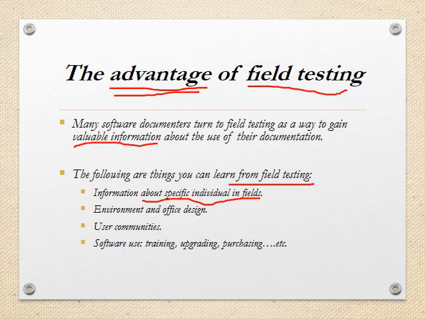Then the environment and office design, like a team structure and so on, user communities, information access or how they access information, the source of their documents and so on. And the last thing is software use. Do they use it for training, upgrading, purchasing, and so on.